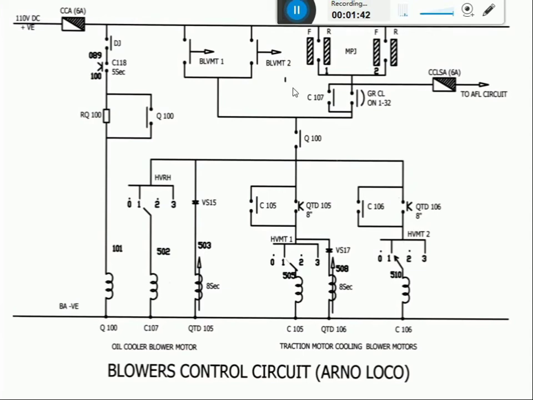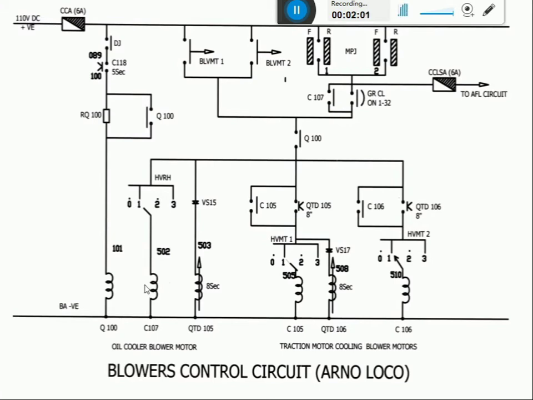Three-phase EM contactors. Now we are able to see the blowers control circuit. Suppose any of the blower contactors C107 or C105 or C106 is not closing, how to troubleshoot, you will see.